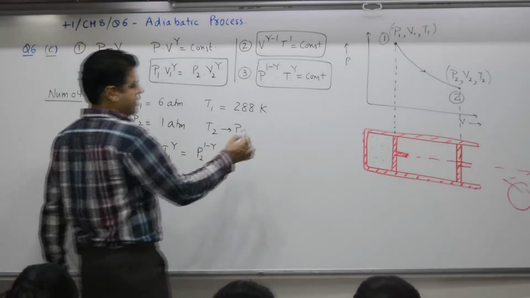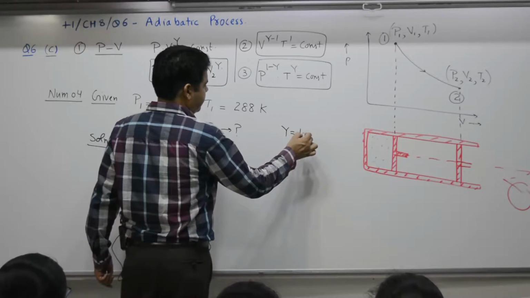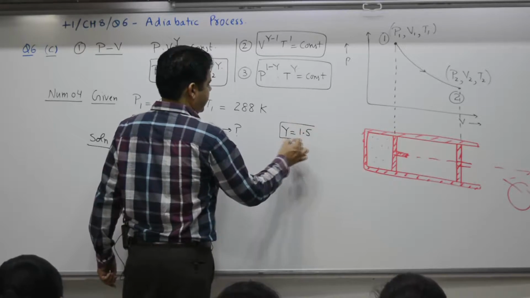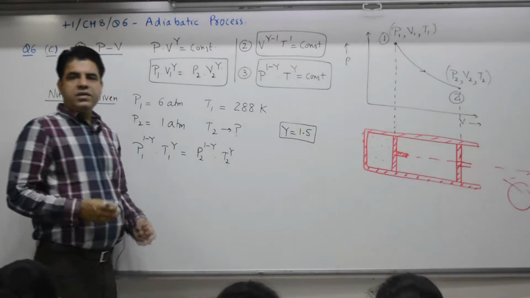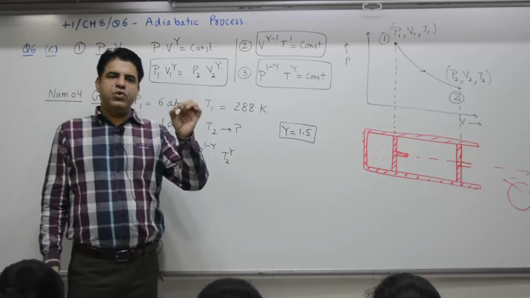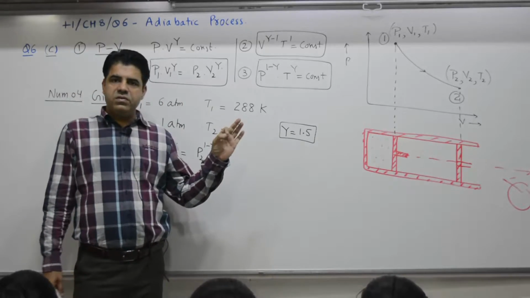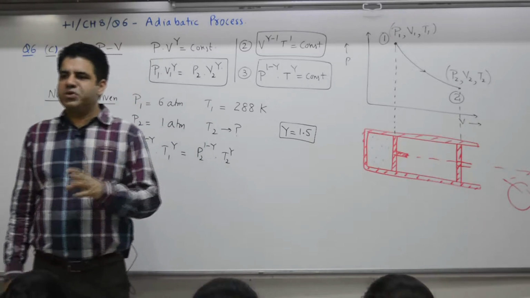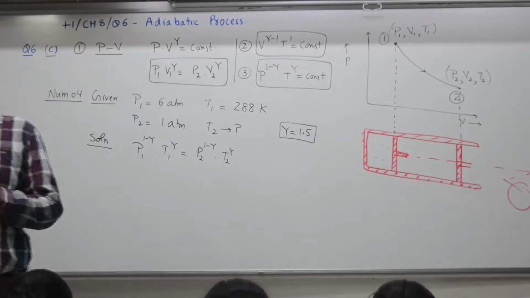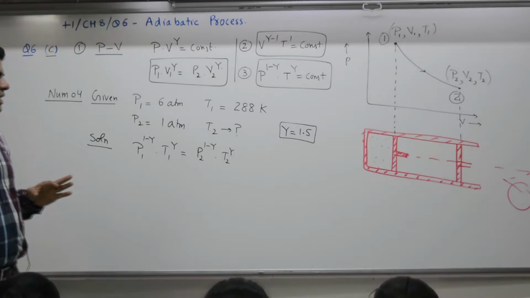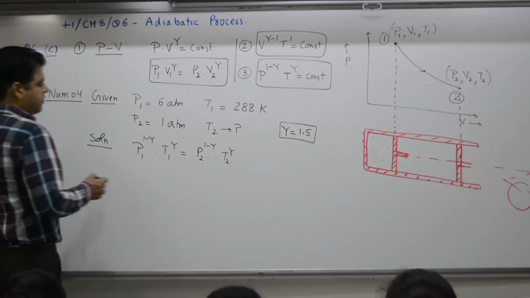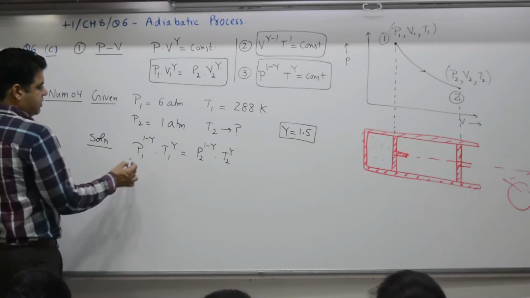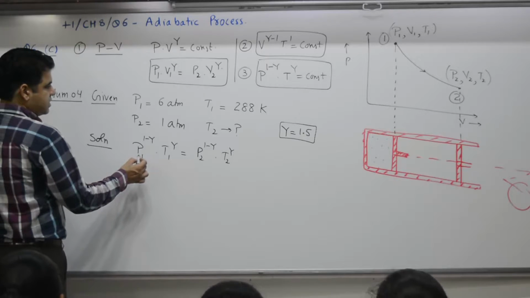Let me take gamma equal to 1.5. Why? Because then it is a 0.5 power, under root, you can find it out. 10's power 0.4 without a calculator is not possible, isn't it? So we'll do it without a calculator. Let gamma be equal to 1.5. P1 is how much? Yes, 6.